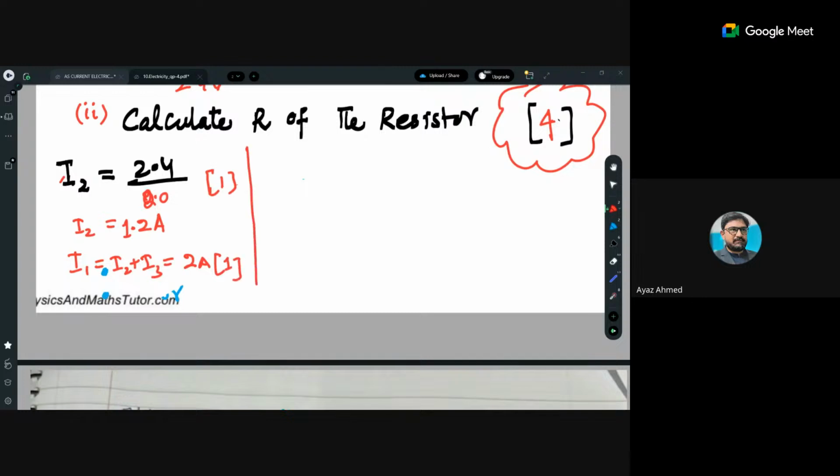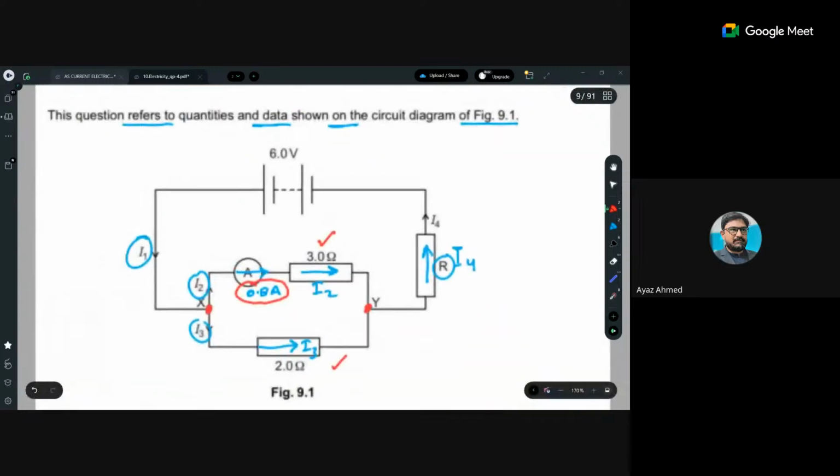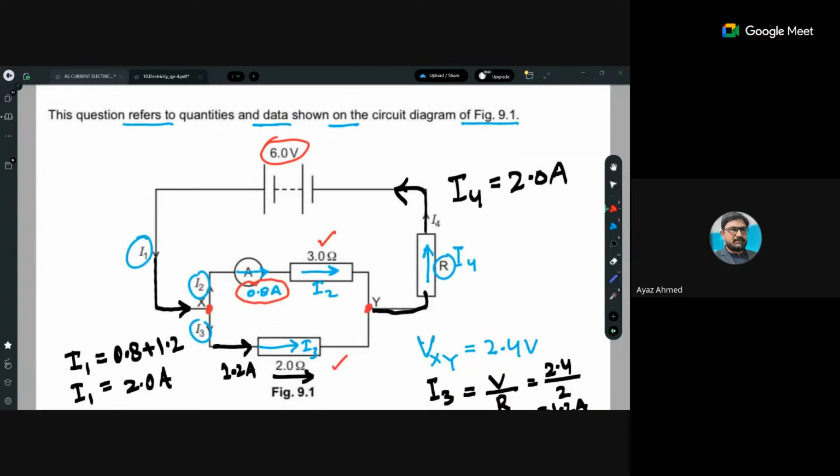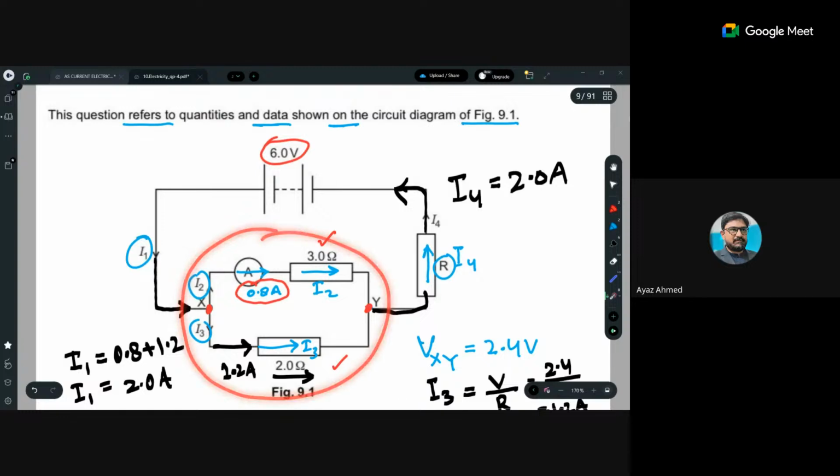Okay, and now you will check one more thing: that the potential difference across that resistor is basically 6 minus 2.4 volt. Are you getting it? Because the total voltage from the battery is 6 volts, and the potential difference across the rest of the circuit is how much? 2.4 volts.